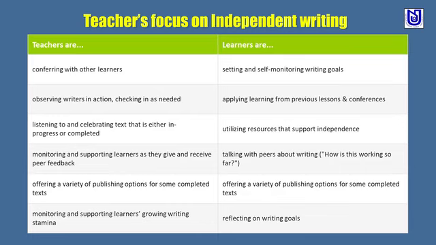On the other hand, the learners' part is setting self-monitoring goals, right? And applying learning from previous lessons and conferences. And then they can move on to a variety of publishing options. As the teacher presents those, students should take them.